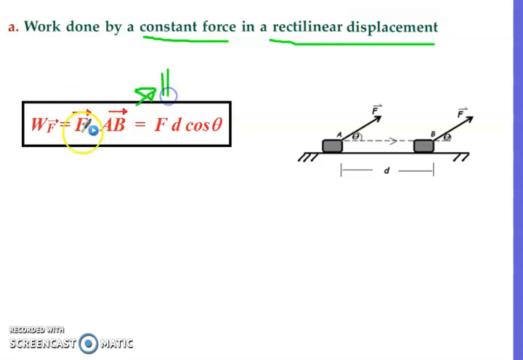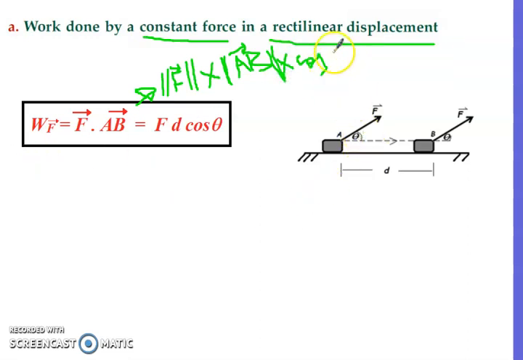The norm of the first vector, F, times the norm of the second vector, the length of AB, times the cosine of the angle between the two vectors, here it is angle theta.